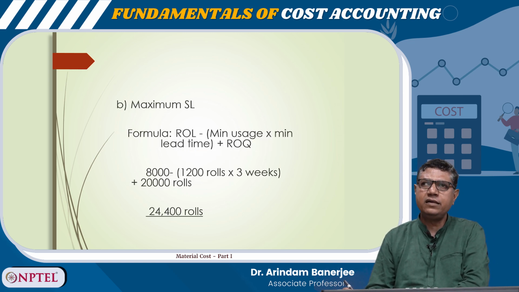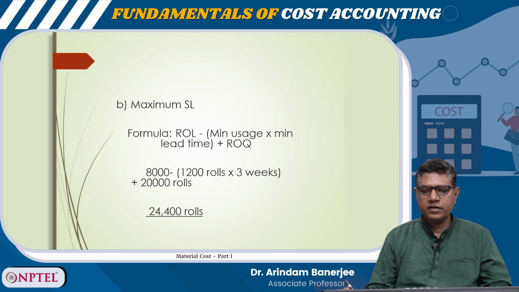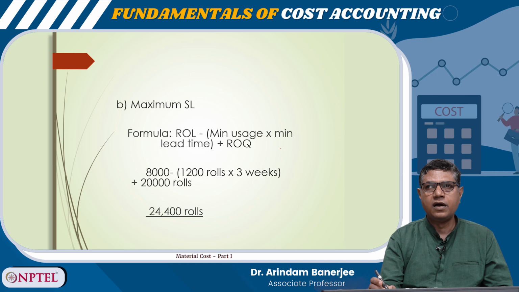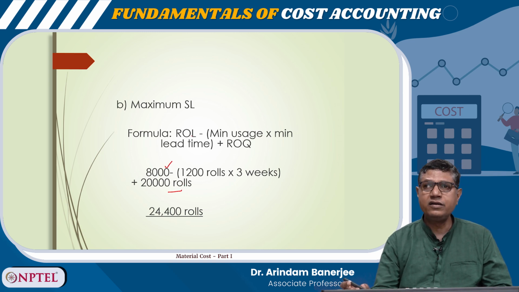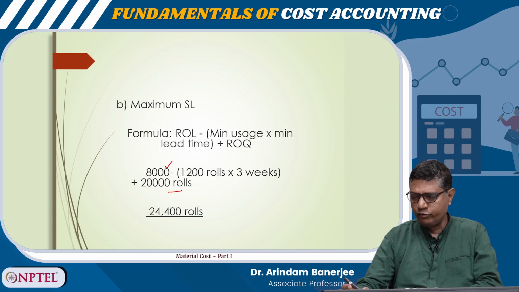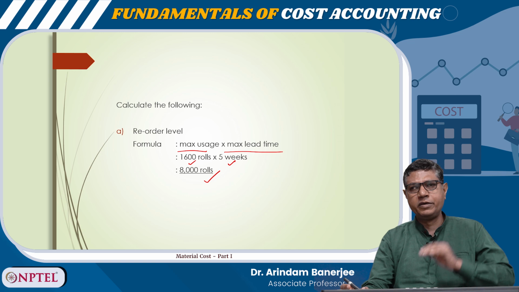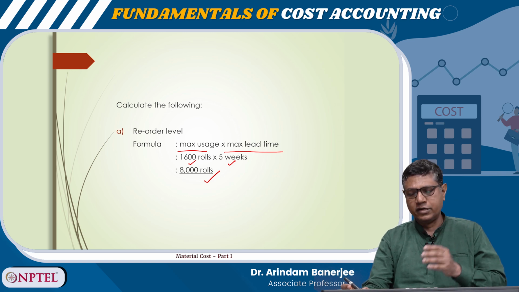Maximum stock level, so how much maximum should he keep? The formula is ROL minus minimum usage into minimum lead time plus ROQ. The reorder quantity is already given in the question, that is 20,000 rolls. The reorder level here, you see, is 8,000 rolls, that means when the stock reaches 8,000 rolls, he will place a new order, right.